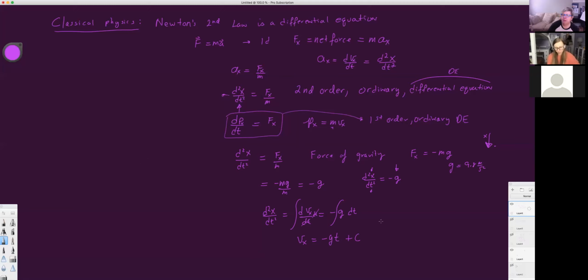Okay, now let's do it again. I know that vx is the derivative of x with respect to t, and now it's minus gt plus c, where c is a constant. I'm going to integrate again over time.